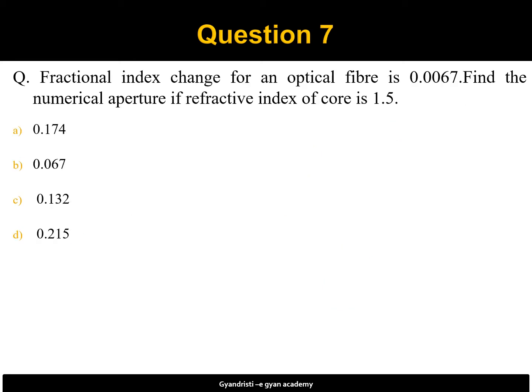Next question is fractional index change for an optical fiber is 0.0067. Find the numerical aperture if refractive index of core is 1.5. So in this question, fractional refractive index, that is delta, is given, that is 0.0067, and refractive index of core is also given. Okay, now we have to calculate numerical aperture.